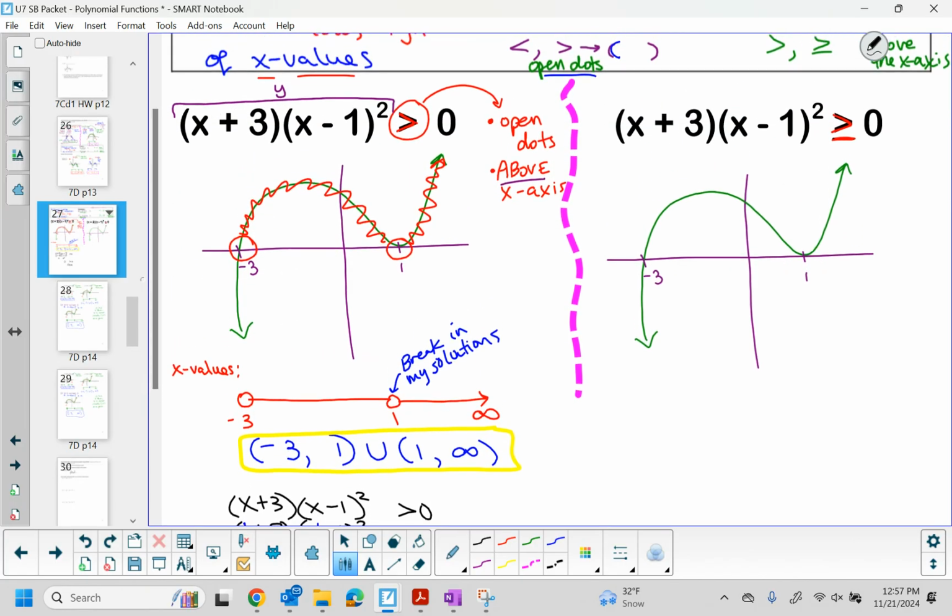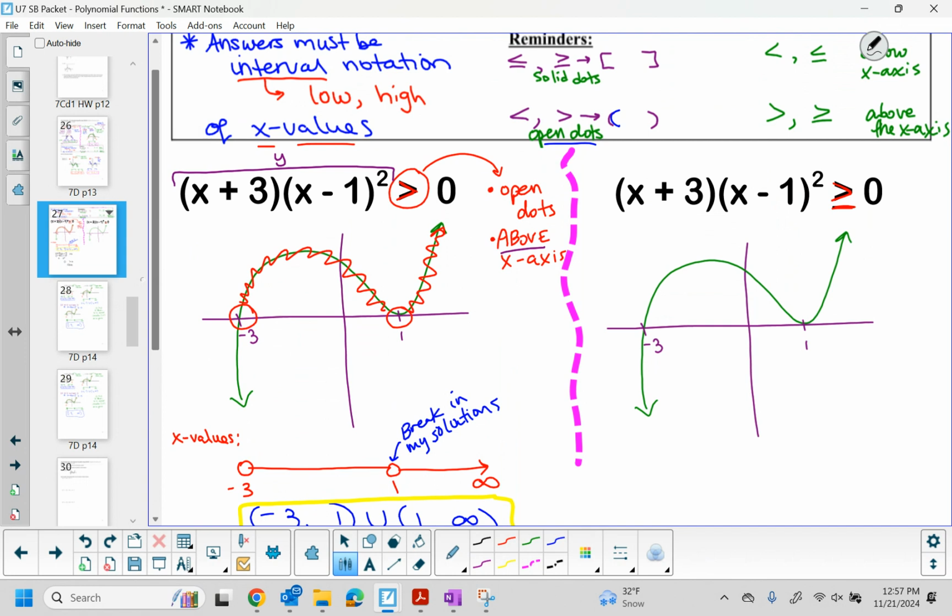Okay, so how is the second graph different? The graph looks the same, but the inequality here is telling me that I'm going to have solid dots. It's greater than 0, so I'm still above, but since it's greater than or equal to, I'm also on the x-axis.